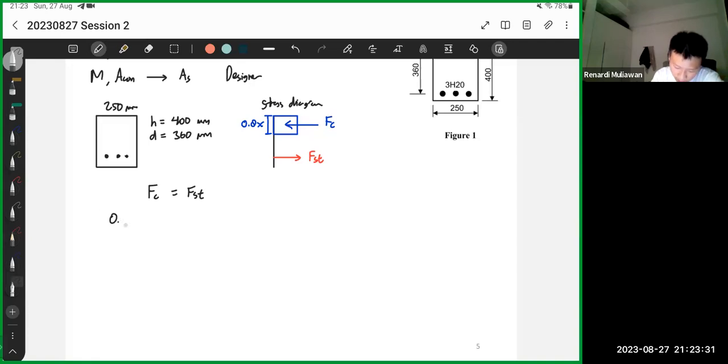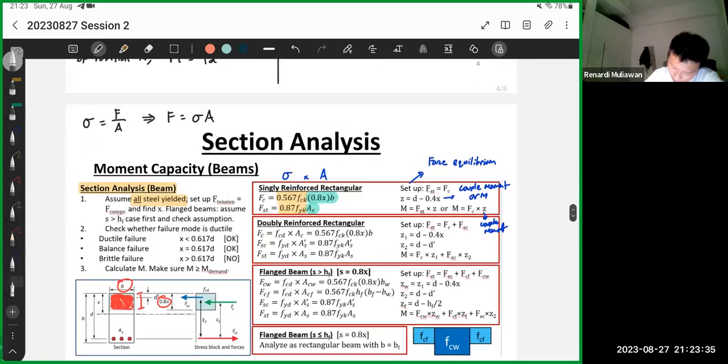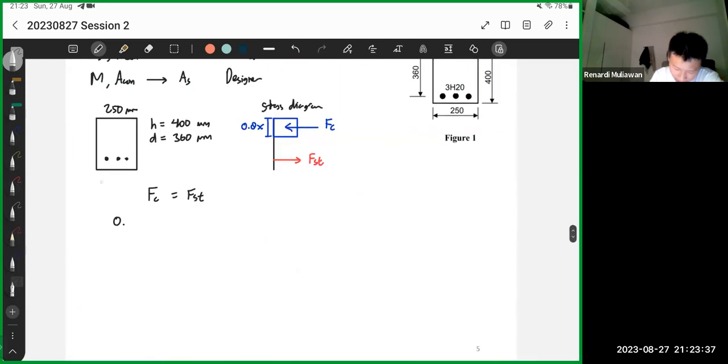Stress is 0.567 FCK. That's the stress. The area, we're talking about this area. So that's B, 250.